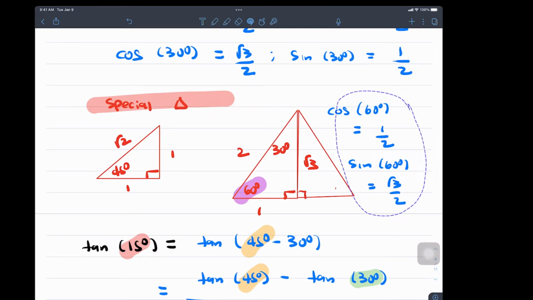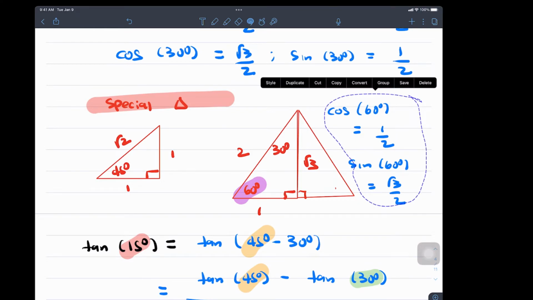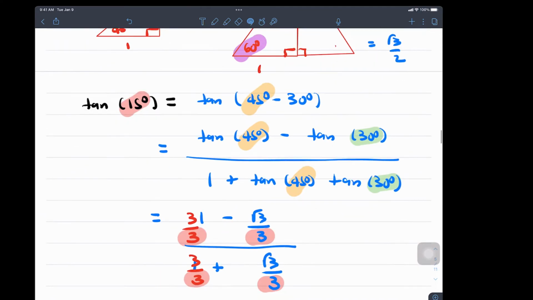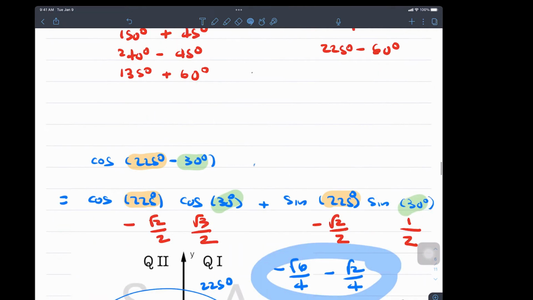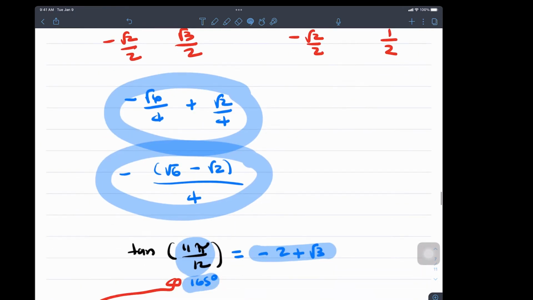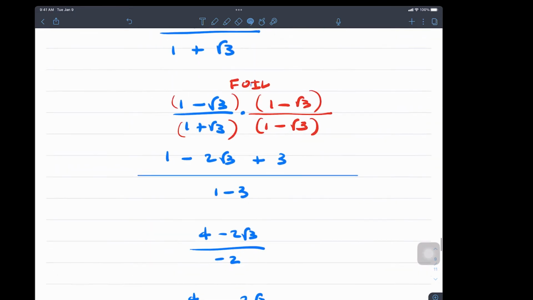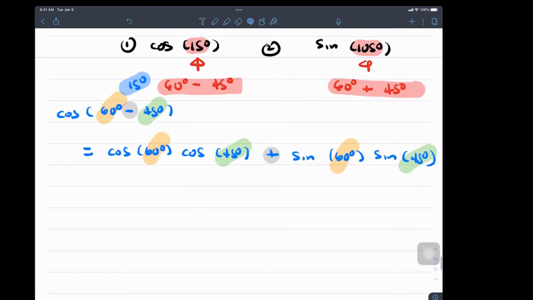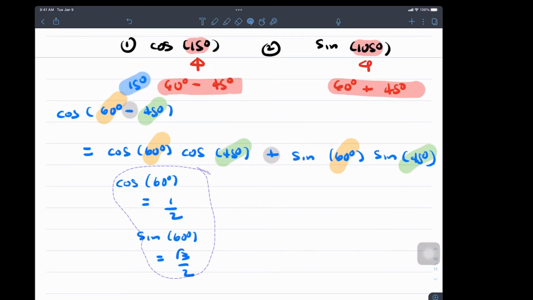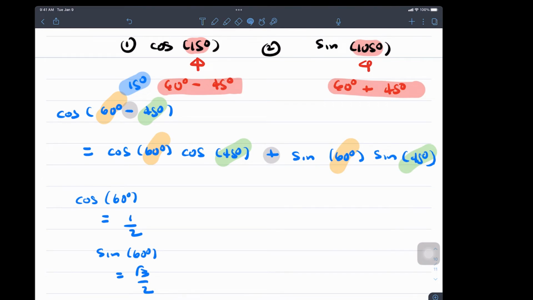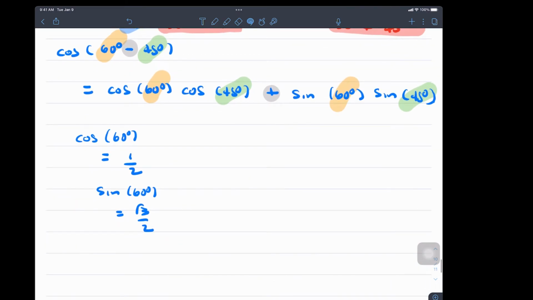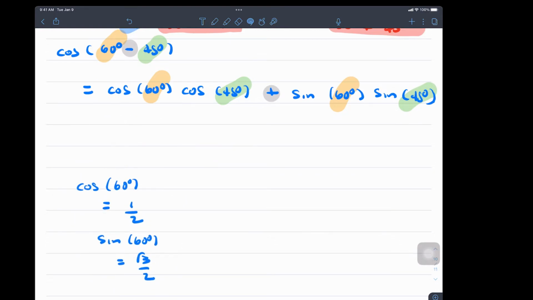So write that down. Let's write this down.